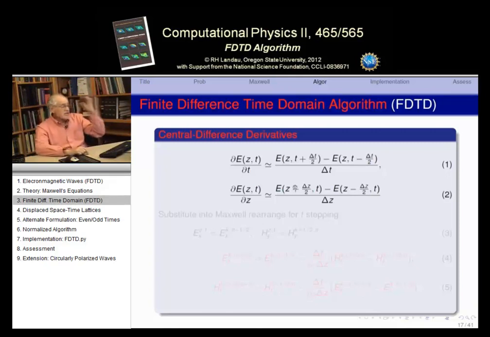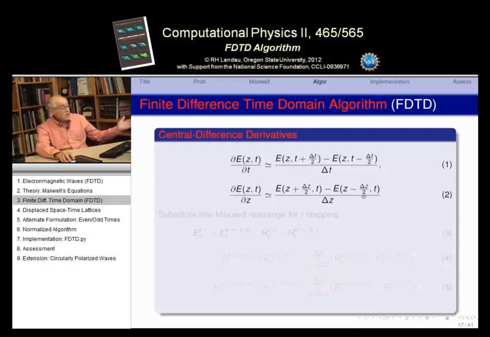But already you can see in these two equations the one aspect which may drive students up the wall. Look at these equations. You can see that the first equation has the electric field at z, whereas in the second equation the electric field is at z plus delta z over 2 and z minus delta z over 2.